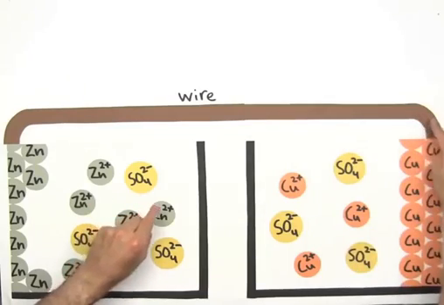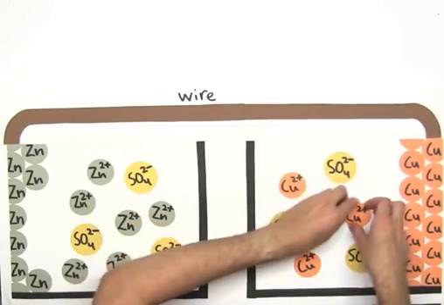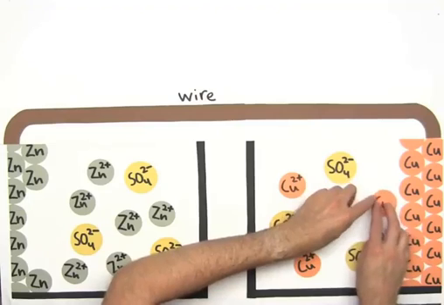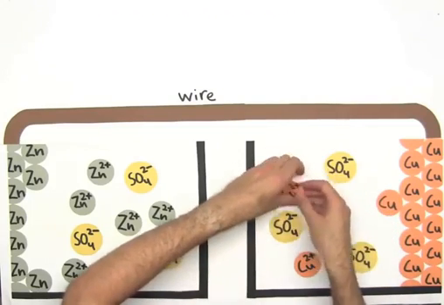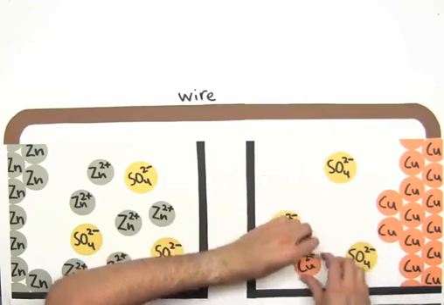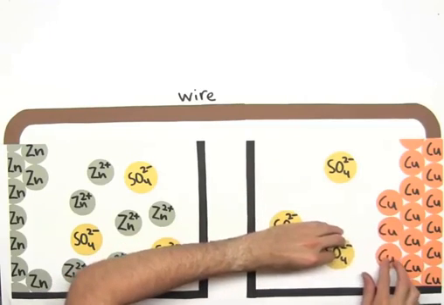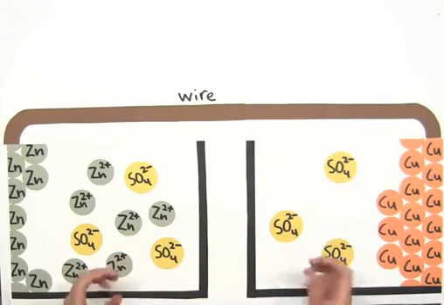Now over here, as electrons come over, these Cu2+ ions will turn into neutrally charged copper atoms and attach to the metal.